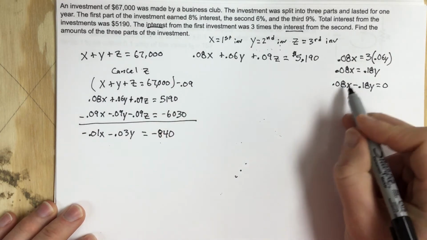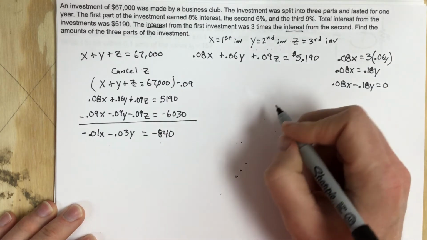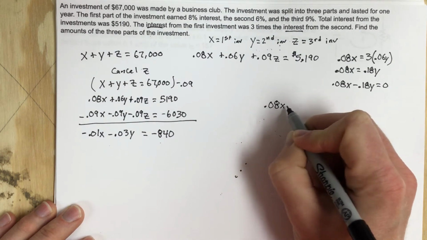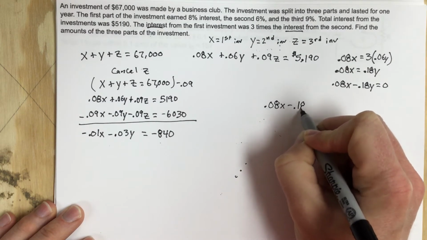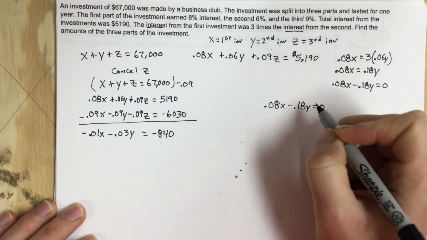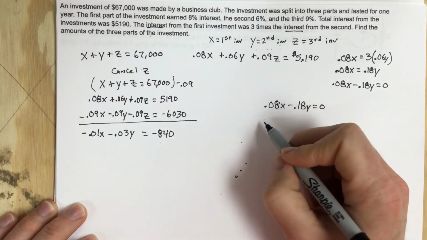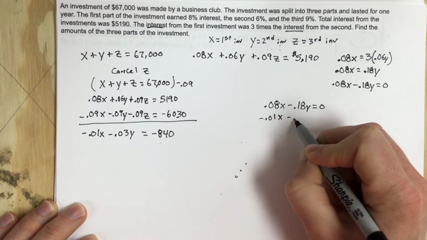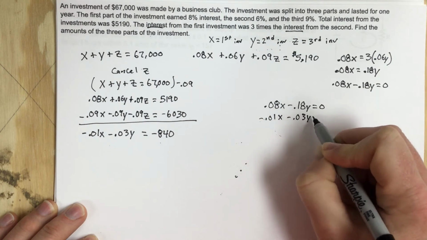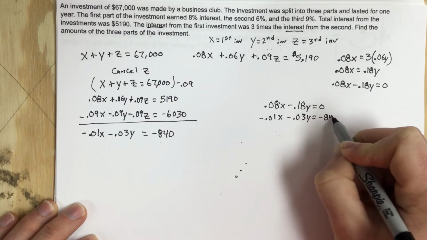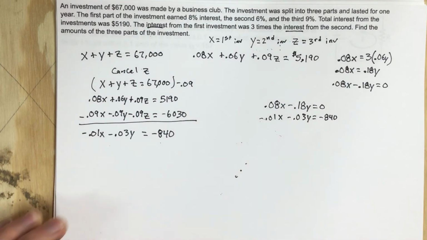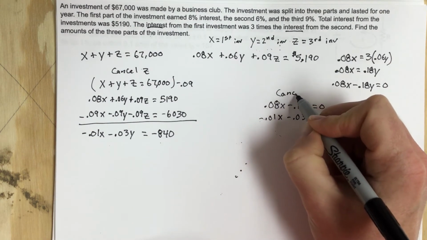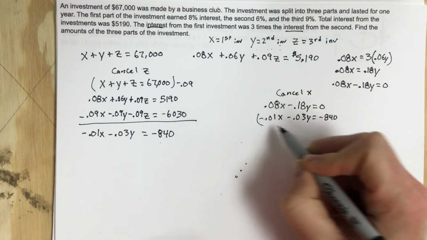Okay, now we can combine this one with this one and cancel. Let's see which one we want to do here. We'll write them on top of each other and then make a decision. So we get negative 0.01x minus 0.03y equals negative 840. I think it's pretty clear the easiest one would be to cancel x, so let's cancel x. We'll just multiply this by 8.